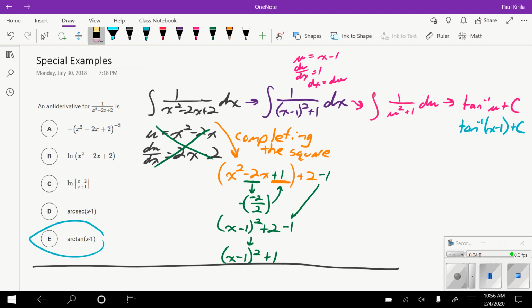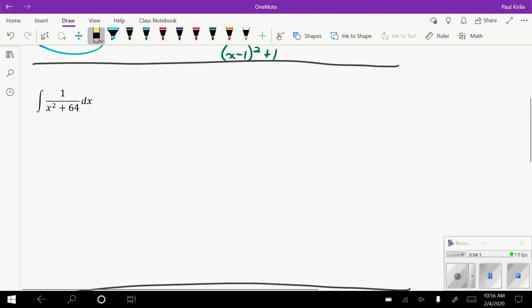As if completing the square weren't challenging enough with this, the other scenario we have to deal with is something that looks so close to inverse tangent to begin with. And it's a case of I have a constant on top.